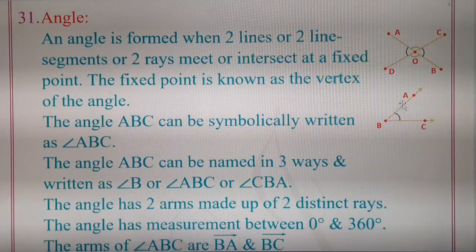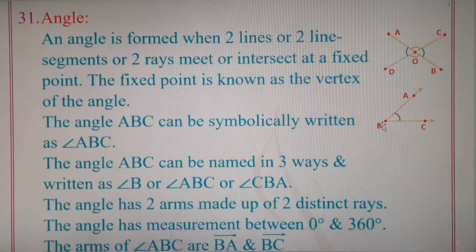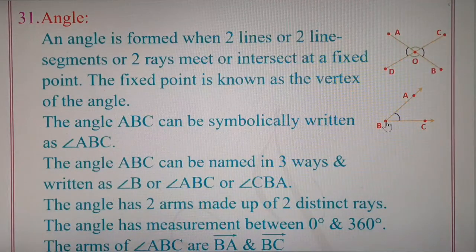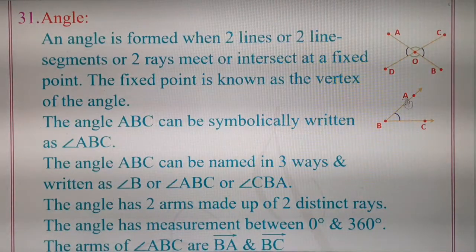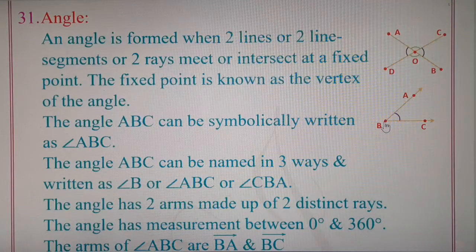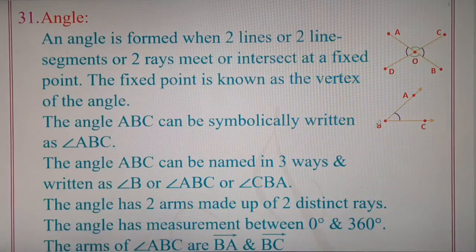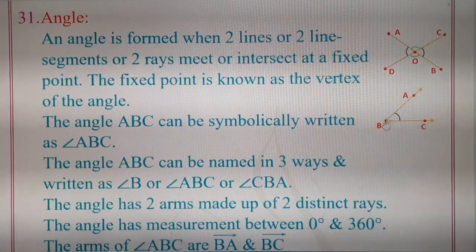If two rays begin from a single fixed point, then also an angle is formed. Here ray BA and ray BC have the starting point as point B, and they extend in different directions.